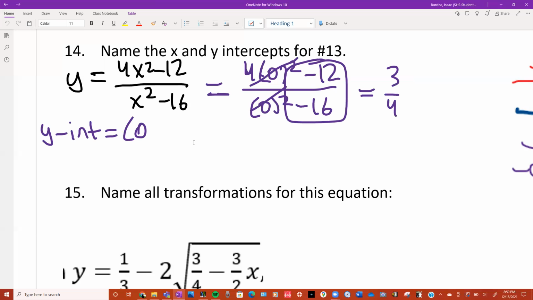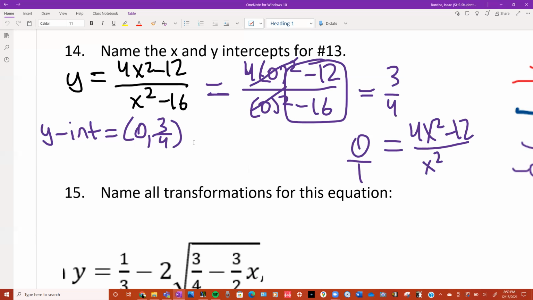Now, the x-intercept sometimes seems a little bit harder, but you set y equal to 0 and solve for x. You might think that seems hard because there are 2 x's, one in the numerator and one in the denominator. But if you cross multiplied, you would figure out that this multiplies by 0, and anytime something multiplies by 0, it cancels out.